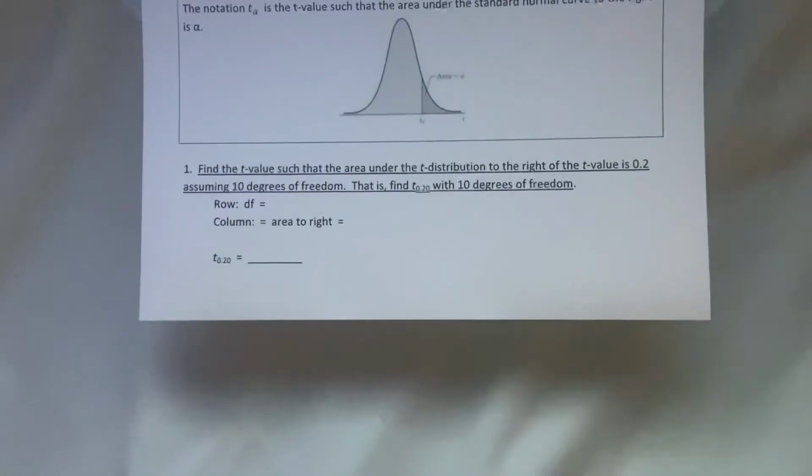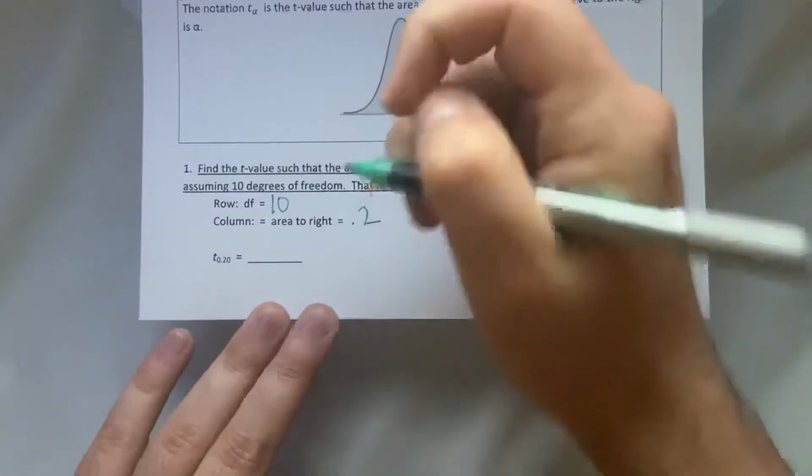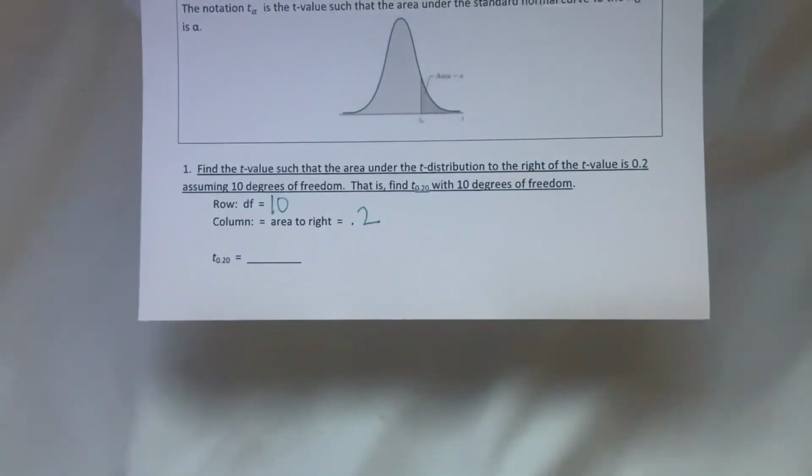Okay, so let's practice just looking at the table. Find the t value such that the area under the t distribution to the right of the t value is 0.2 with 10 degrees of freedom. So your degrees of freedom are your row. You look up and down on the left side, find your 10 degrees of freedom. Column is your area to the right. This is where we're going to be looking for 0.2 as the area to the right.